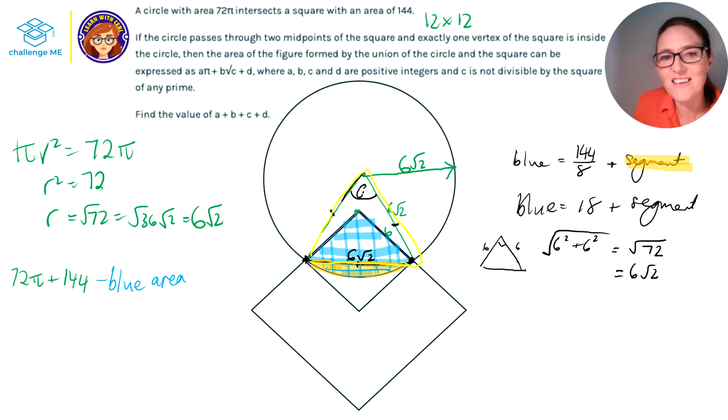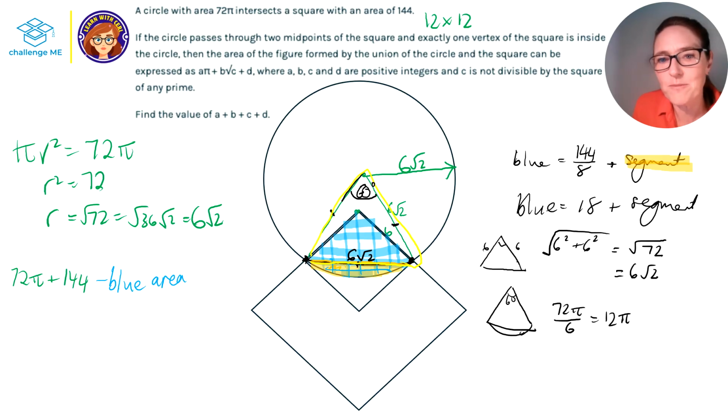So this is actually 60 degrees. So we need to know this little part here. The area of the whole thing would be a sixth of the circle. So a sixth of the circle is 72 pi divided by 6, which is 12 pi.